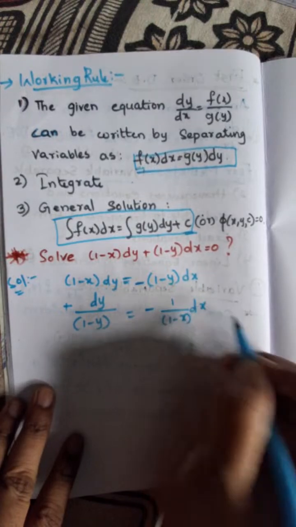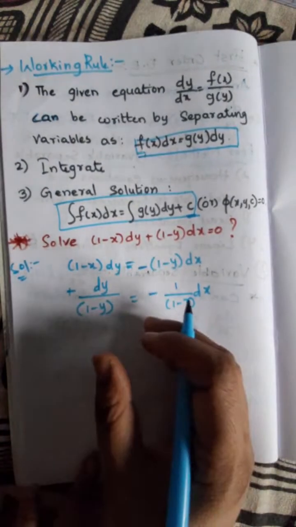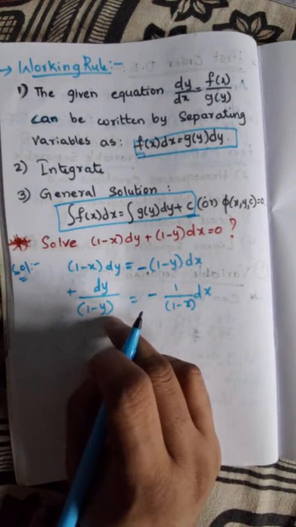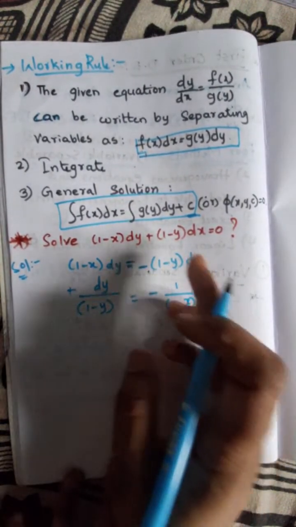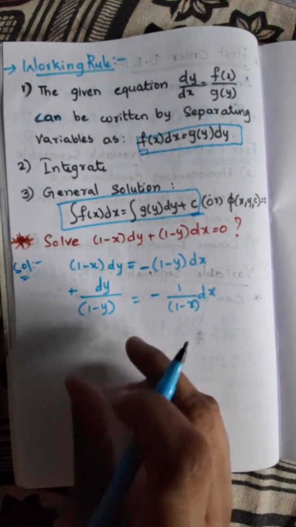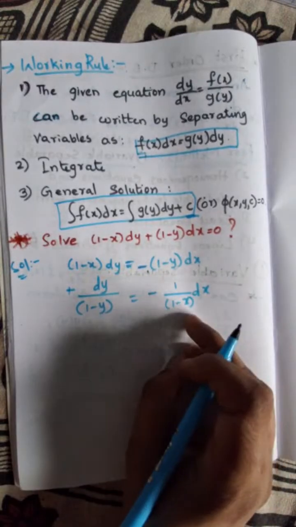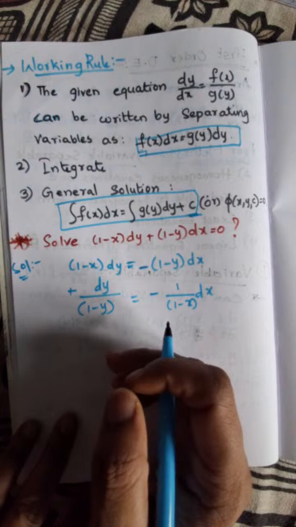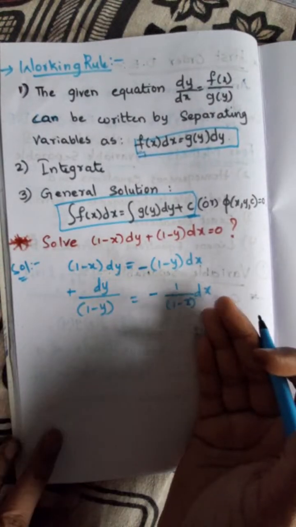We have separated the variables: the dy terms and the dx terms. Now what to do? We have to integrate this form.